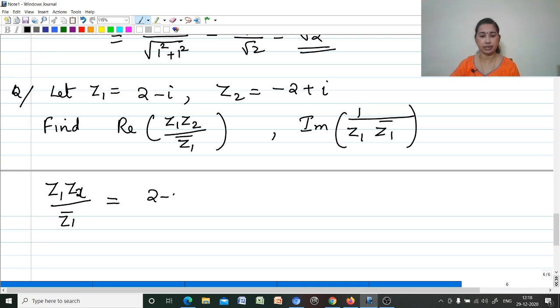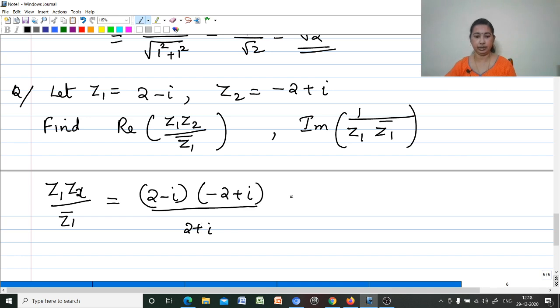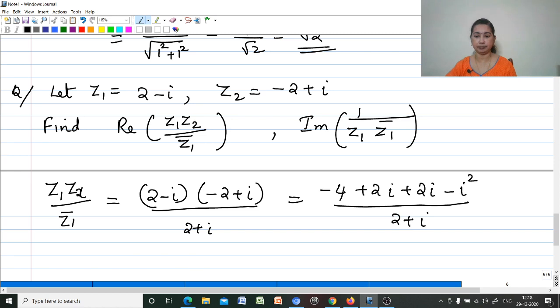Z1 is 2 minus i, Z2 is minus 2 plus i, divided by Z1 conjugate, which is 2 plus i. And that is equal to, we can open the bracket, so minus 4, then 2 into i is plus 2i, then plus 2i again, minus i square, whole divided by 2 plus i.